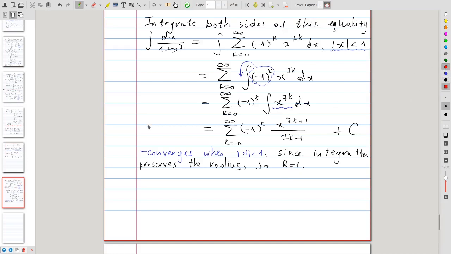So as usual, we do not say anything about convergence of this series at the endpoints of this interval. So the endpoints of the interval of convergence, and I want to emphasize this, can change after integration.